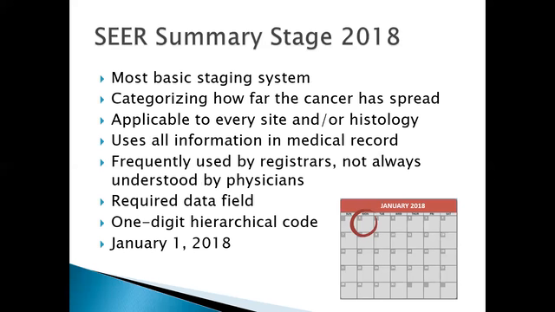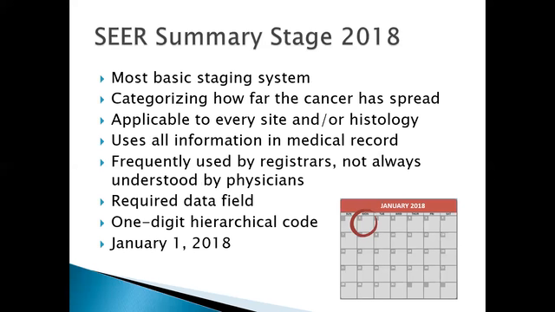Summary stage 2018 is used for cases diagnosed on or after January 1st, 2018. So if we're in 2018 and we find a case that the patient was really diagnosed in 2017, then we would have to use the SEER Summary Stage 2000 manual in order to summary stage that case.